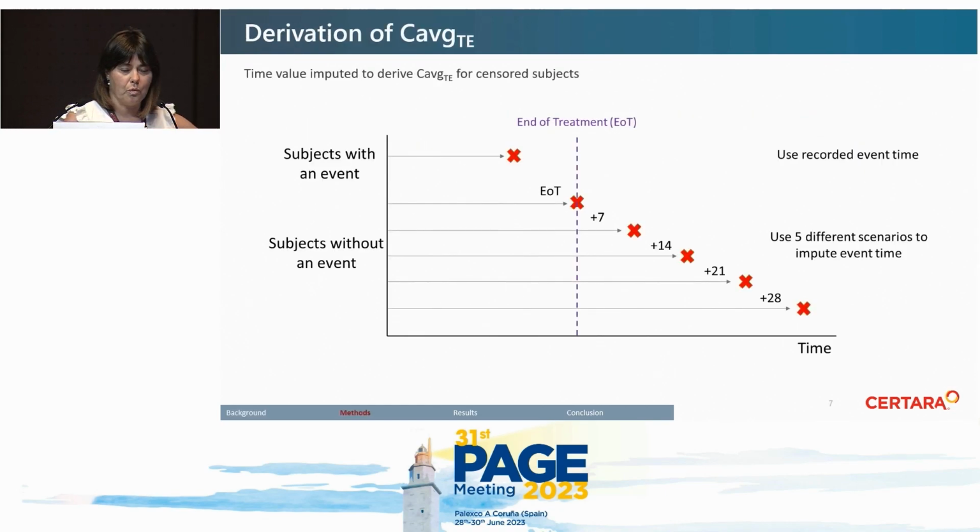So throughout the talk, we have used different ways of deriving time average concentrations for censored subjects. As I said below, the time for subjects with an event here is very clear. You have that, you know that data. But for all subjects without an event, we used either the time of the end of treatment, or we added 7 days, 14 days, 21 days, or 28 days to that time.